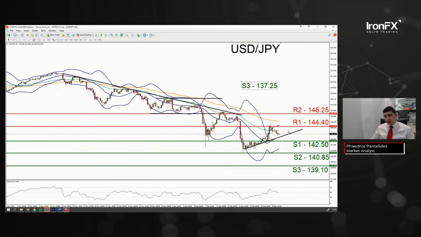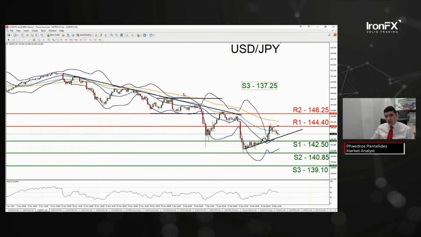So for our bullish outlook to continue, we would like to see the price action, the pair, moving higher above R1 and aiming for R2. For a bearish outlook, simply breaking below S1 and aiming for S2. Sideways bias, breaking below our upwards moving trend line and remaining confined between S1 and R1.